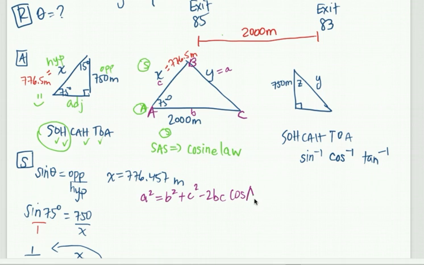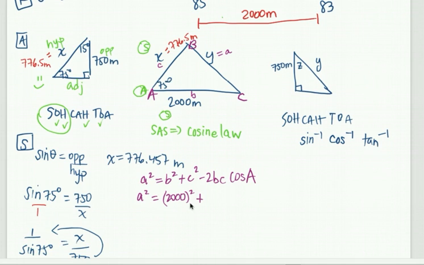Okay, so cosine A. All right, so if we go through here, and so A, we don't know it, so keep writing that. All right, B is 2,000, so we're going to square 2,000 here. And C is that new value that we found, but we're going to carry a few more digits, right? We're not going to round it early on, so we don't end up messing up our final answer, okay?